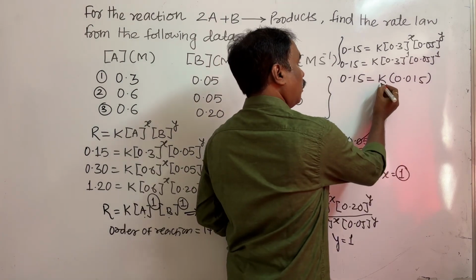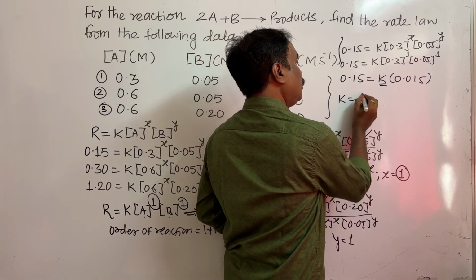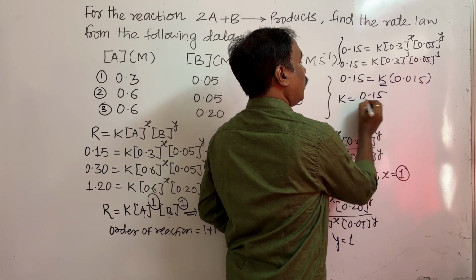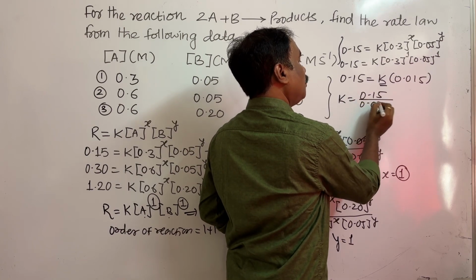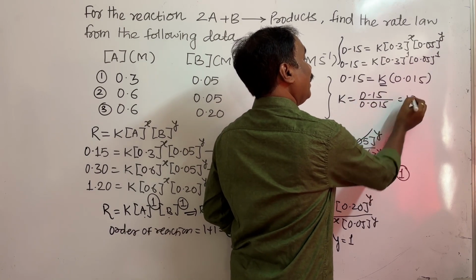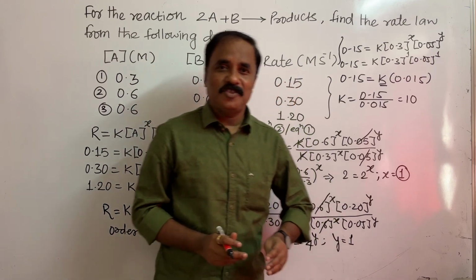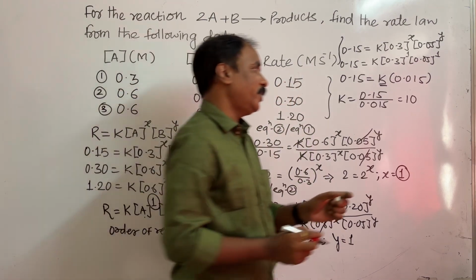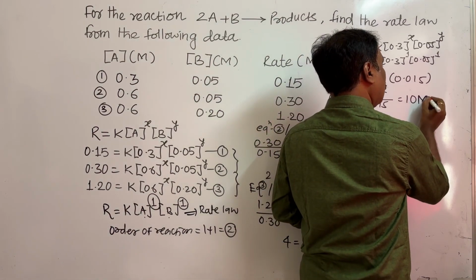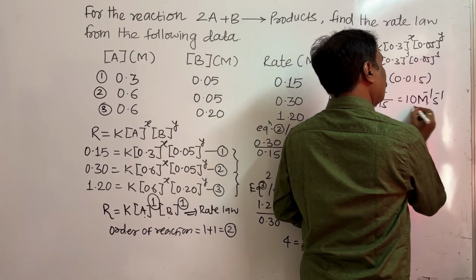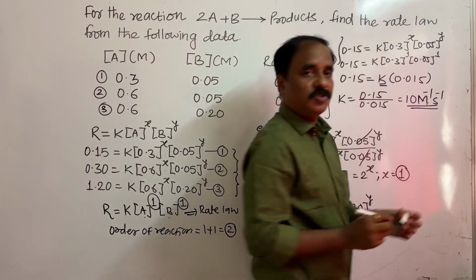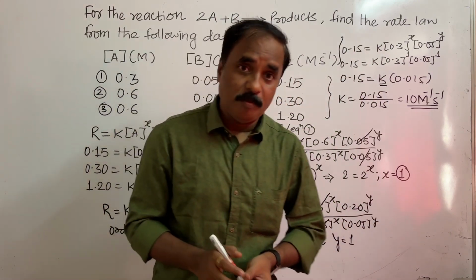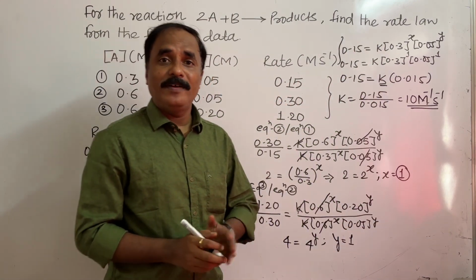So what is k? K is equal to 0.15 divided by 0.015. So it will be 10. Since this is an example of a second order reaction, we know that the unit of rate constant is molar inverse, second inverse.